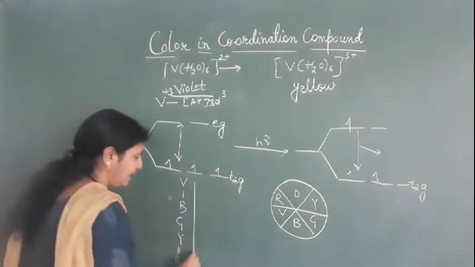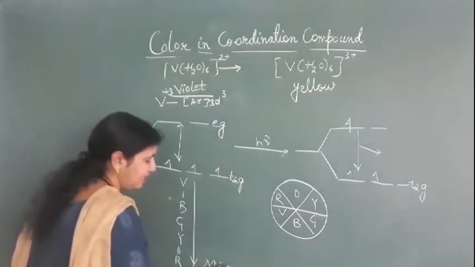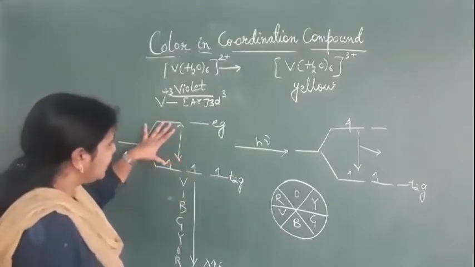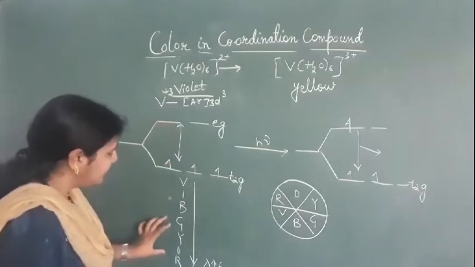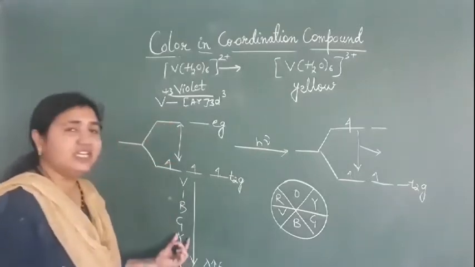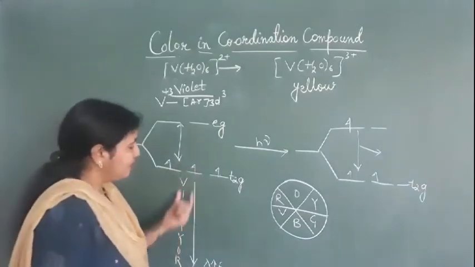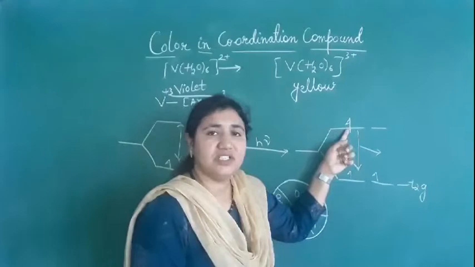From violet to red, the wavelength increases and the energy decreases. So if the splitting is less, the metal will absorb the low energy wavelength and jump into the higher energy eg set.